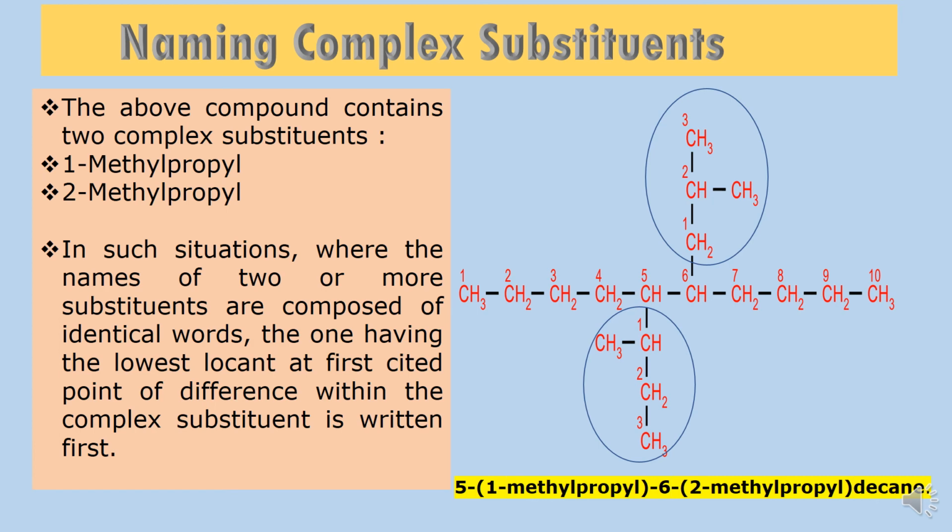In that case, alphabetical order will be decided by looking at the numbers. Having the lowest locant will be preferred. For example, in this case, the name would be 5,1-methyl propyl 6,2-methyl propyl decane. 1-methyl propyl has a lower locant as compared to 2-methyl propyl.